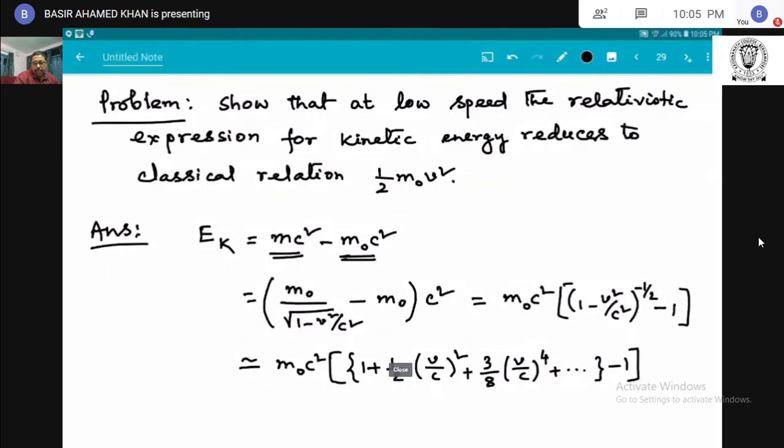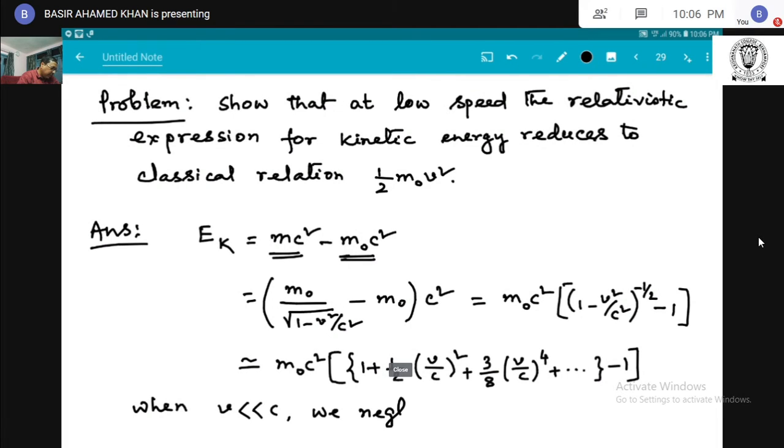So when the velocity of the particle is small compared to c, we neglect the fourth and higher order terms of v by c.